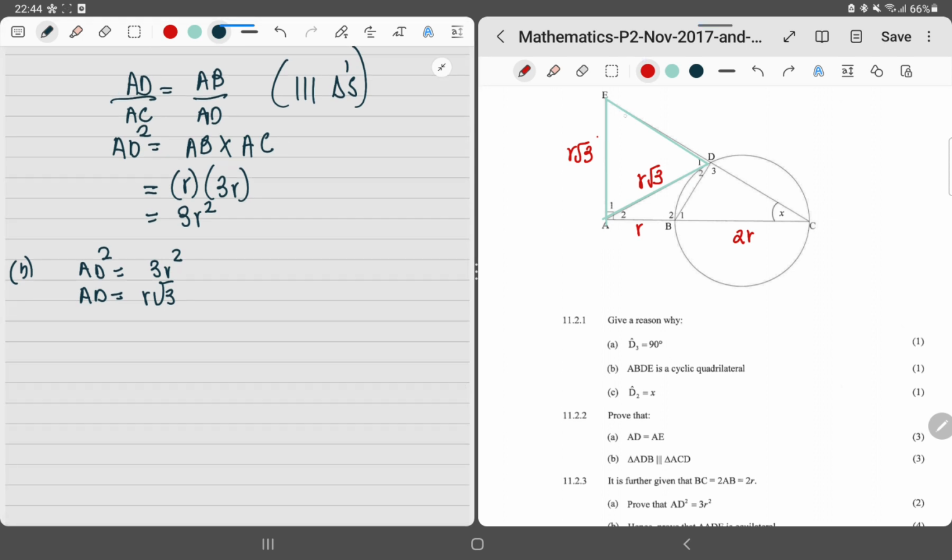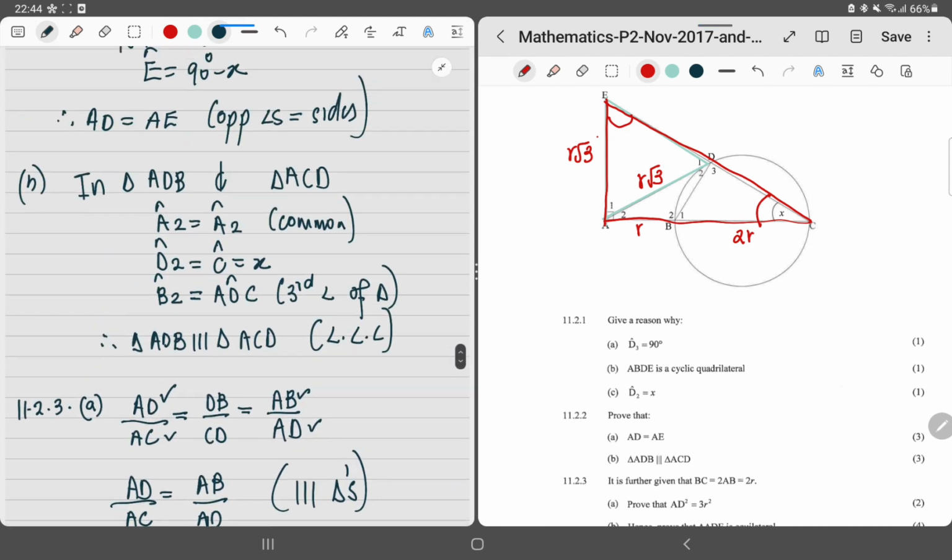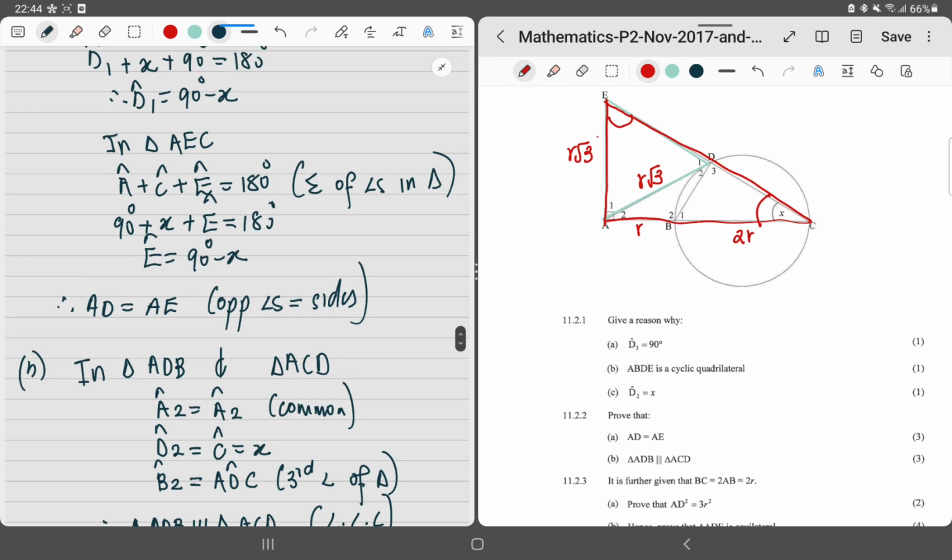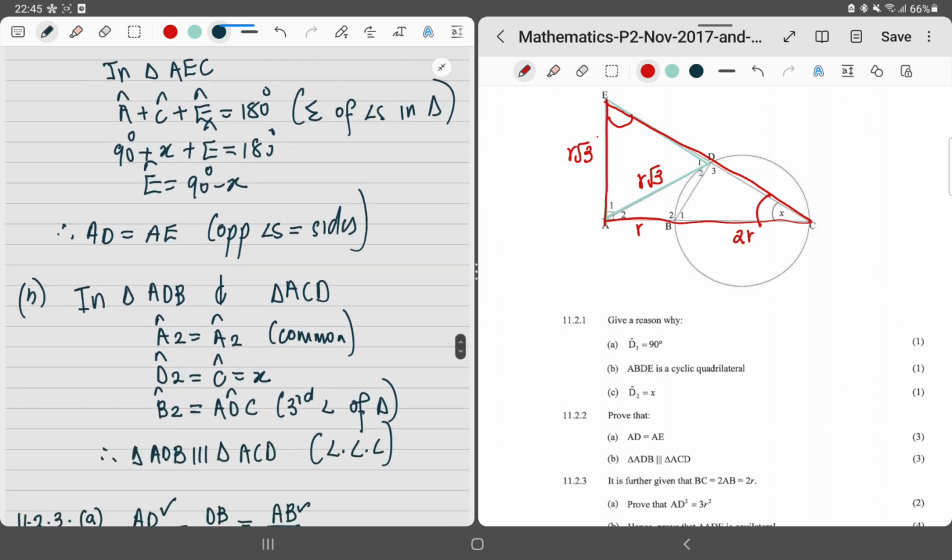Okay. So in this big triangle, I can find the value of x. I'll calculate the value of x, since I know that D1 is 90 degrees minus x.